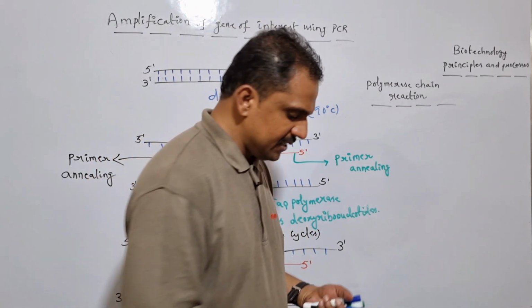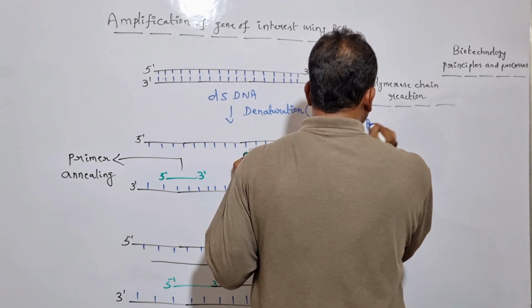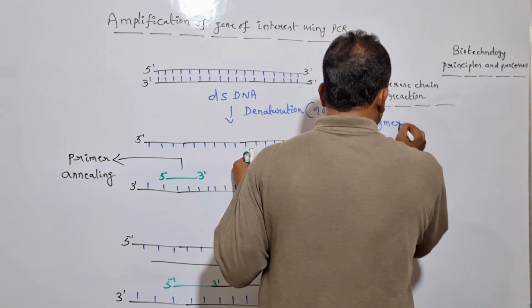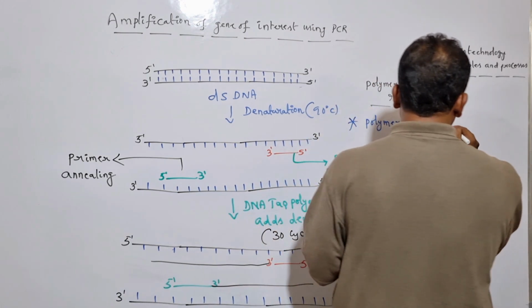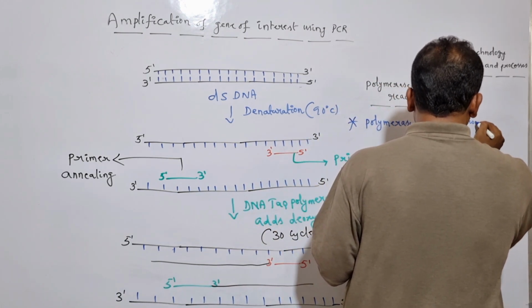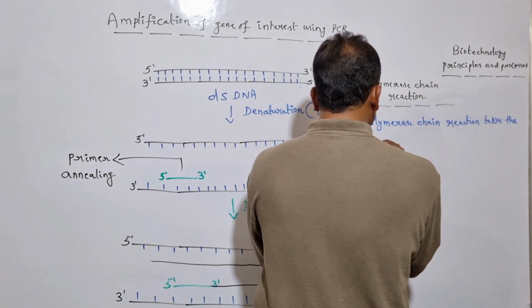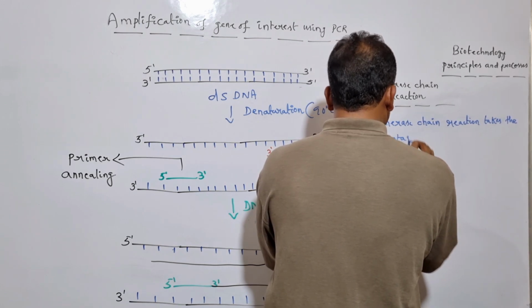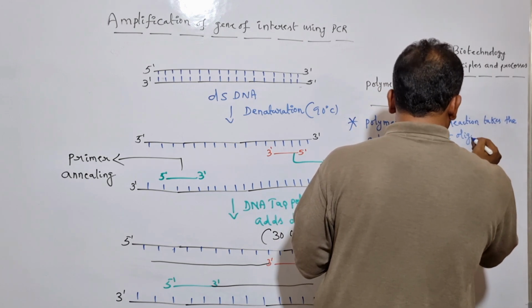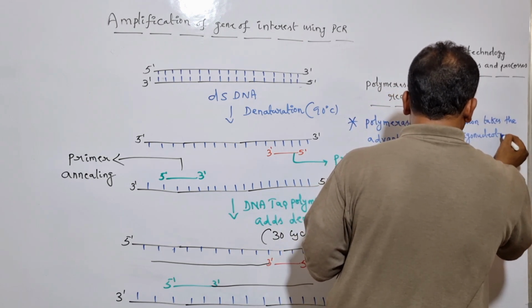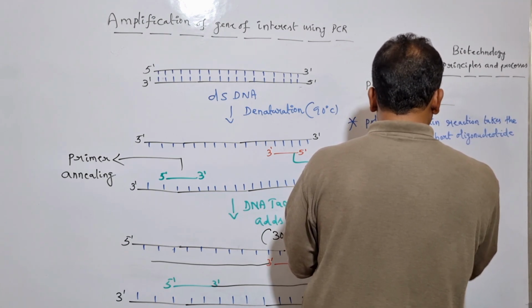Is it clear? So let me write it here. Polymerase chain reaction takes the advantage of short oligonucleotide sequence like primer, right?